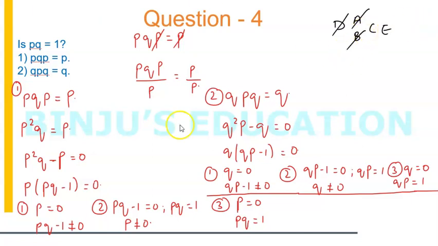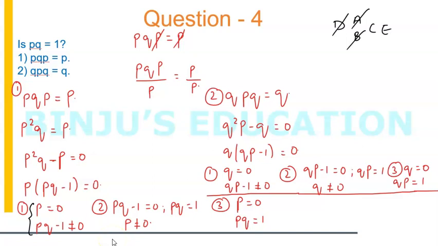Now the only option that we are left with is basically combining both of them. So if we combine both of them, do we have something in common? That is what we have to look for. If we combine both of them, from the first conclusion, P is equal to 0 and PQ is not equal to 1.